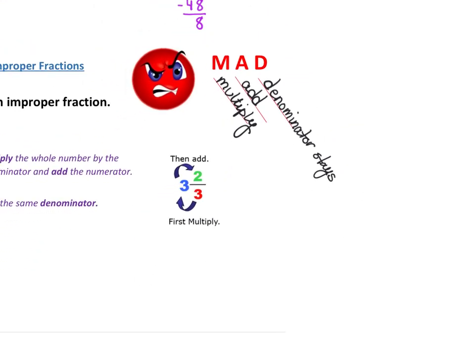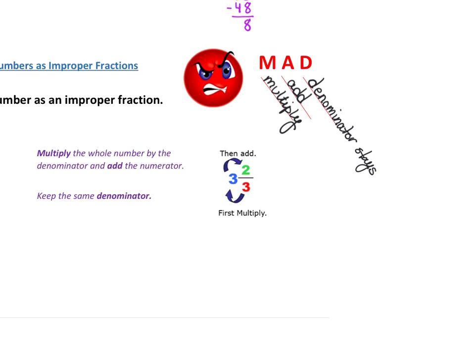All right, so here's an example right below that shows that. The first step to changing 3 2/3 into an improper fraction is going to be to multiply and then add. And we're going to go in this direction. We're going to multiply and then we're going to add.